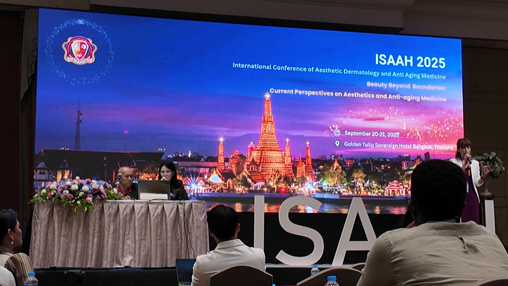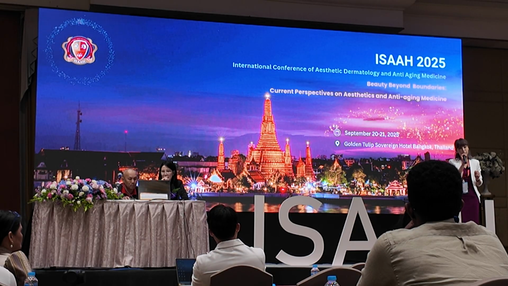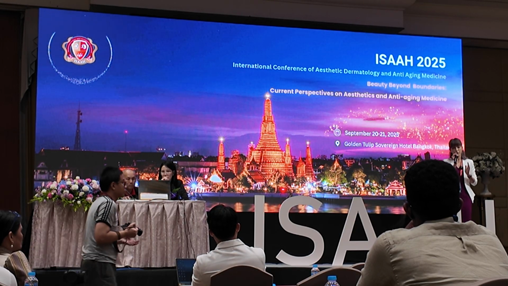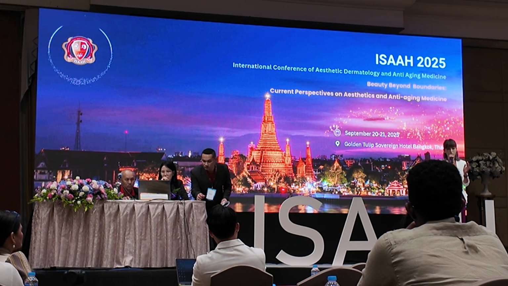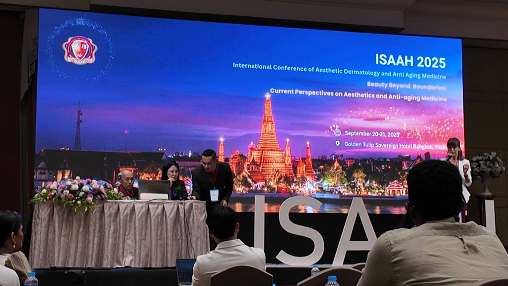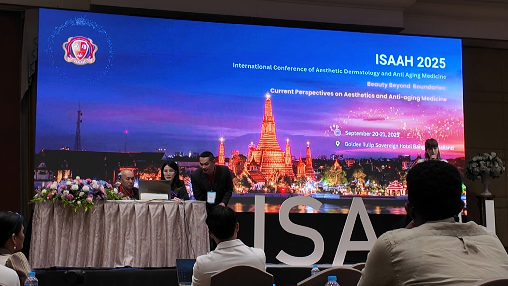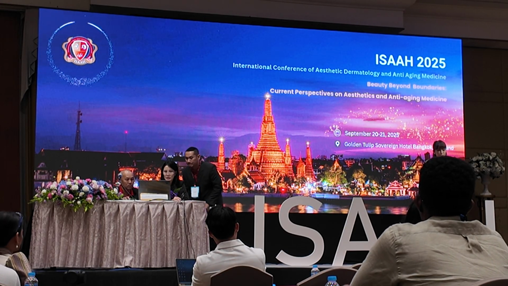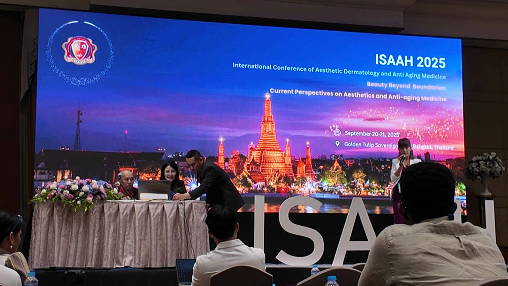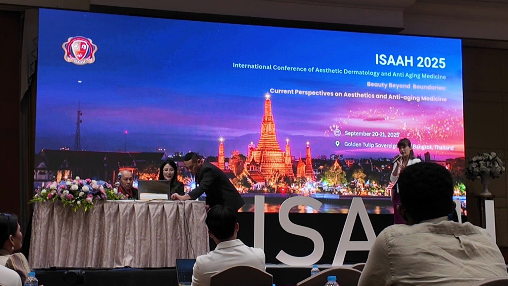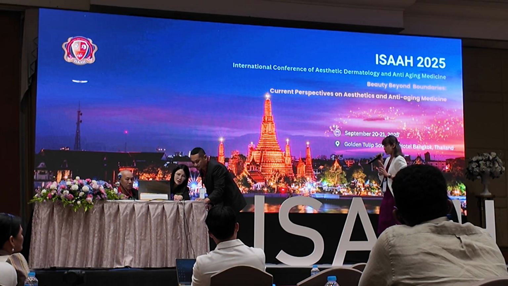For the mild grade, it is not that noticeable, or can be covered with makeup for females or with a beard for males. For grade 4, the most severe one, it is very noticeable at social distance and cannot be covered with makeup or a beard. We will be quite embarrassed when we have conversations with others at social distance, and the acne scarring will be noticeable. So that will be grade 4.